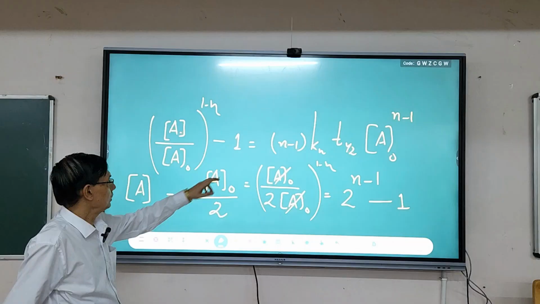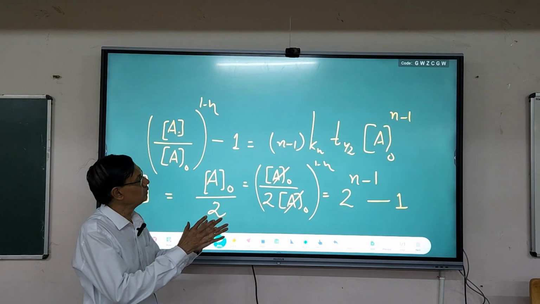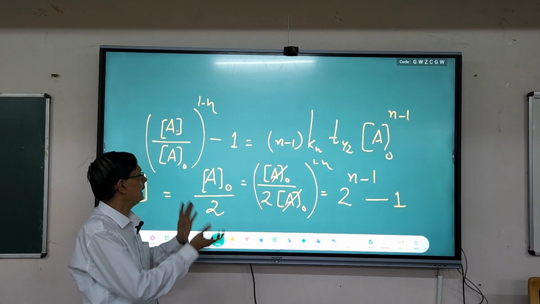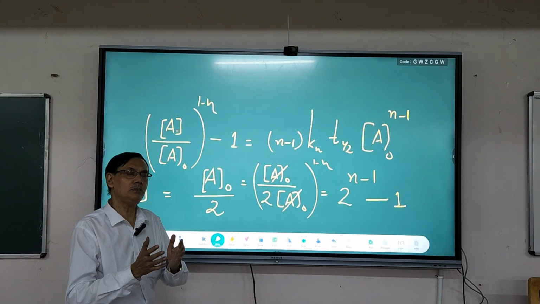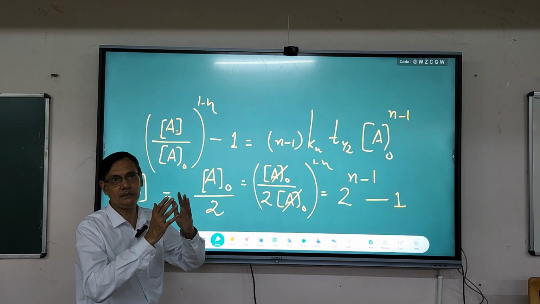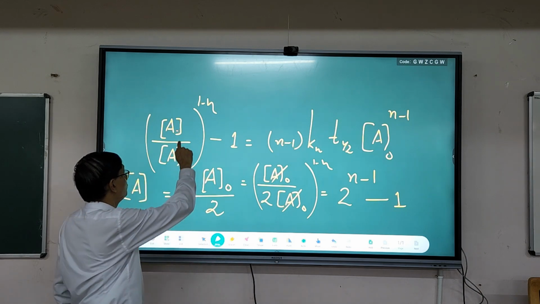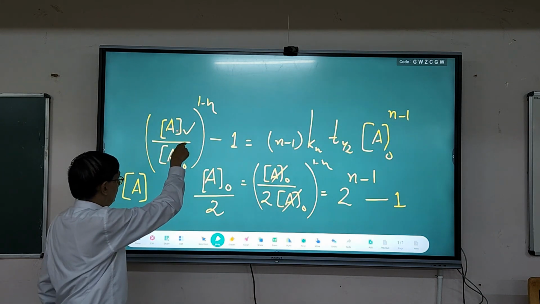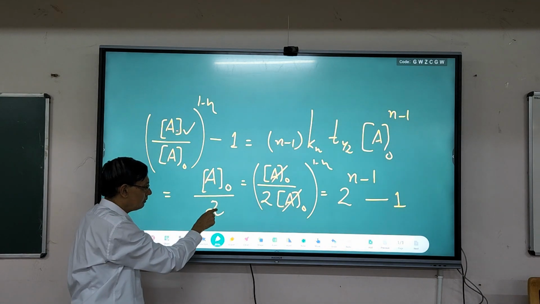So in order to determine the T half, generally what we do, we change this equation. How do we change this equation? Half-life means when the initial concentration becomes 50%. So A equals A0 initial concentration divided by 2.